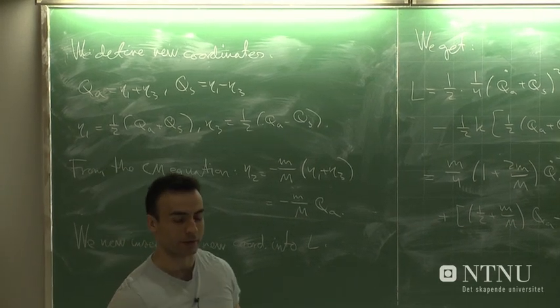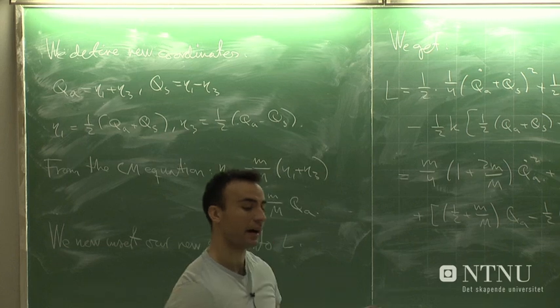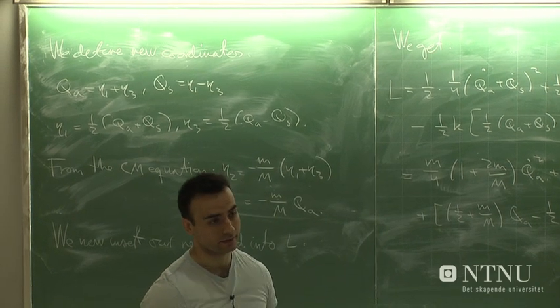So with a little practice, you will be able to see, I think, just by inspecting the original Lagrangian, how you can introduce new coordinates that will cancel cross products.